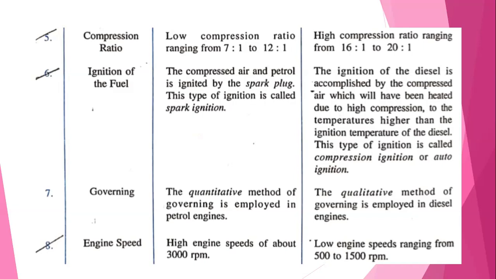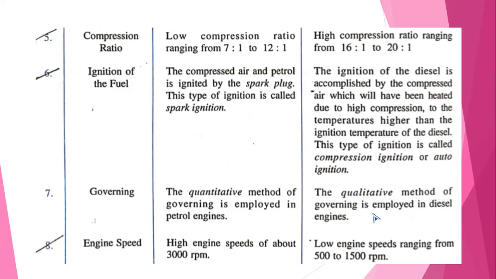The suction stroke is controlled, and from that you can control the exhaust stroke. In between, you have two strokes, the expansion stroke and the power stroke. Everything is controlled through the valves, through the timing. For that reason, it is called the quantitative method used for controlling the petrol engine.